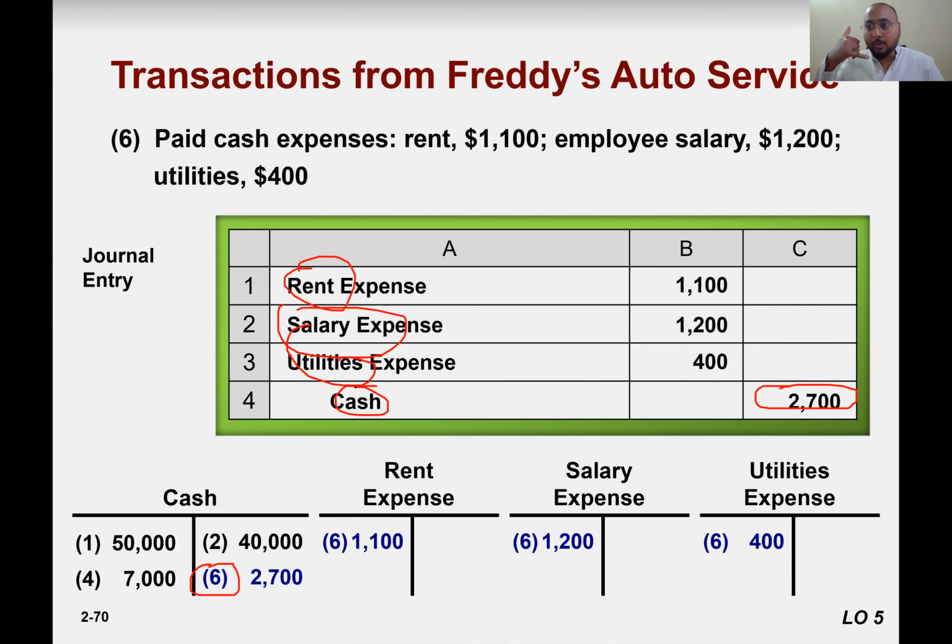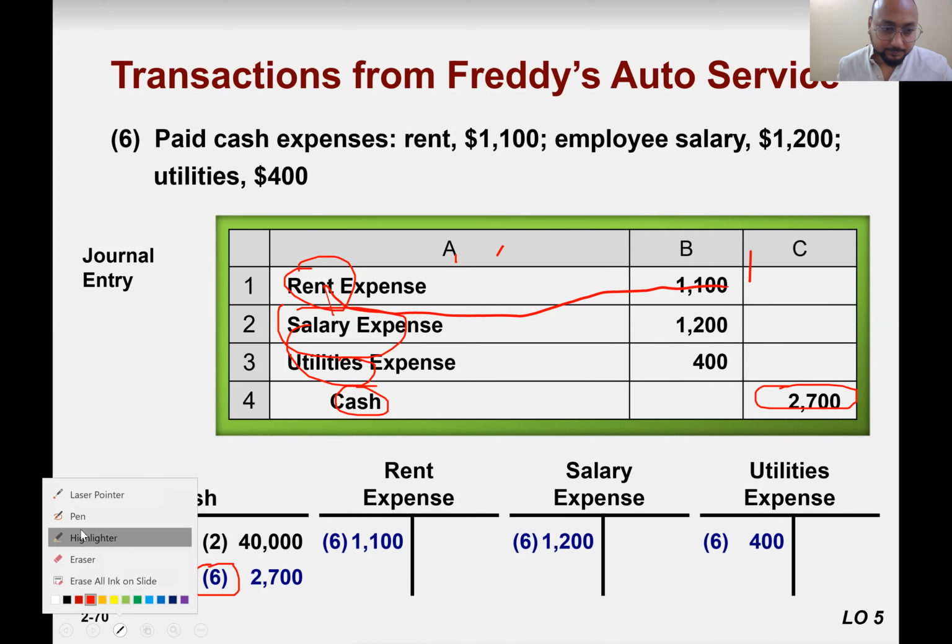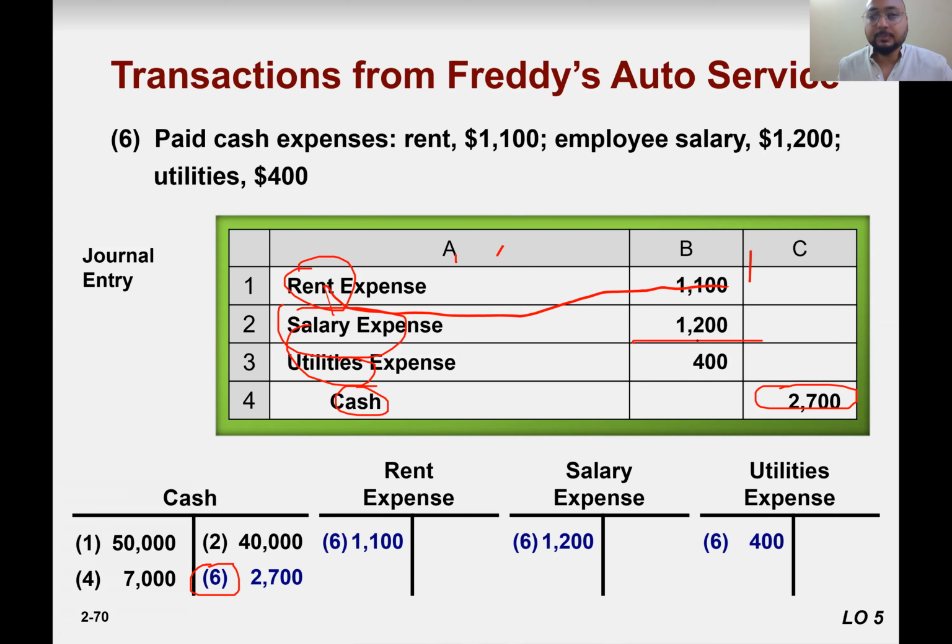If I'm on the phone with my accountant, reading this entry from the journal book, how do I read it, and how does the accountant write it down? I read rent expense 1100, he writes this one. Salary expense 1200, he writes this one. Utility expense 400, he writes this one.